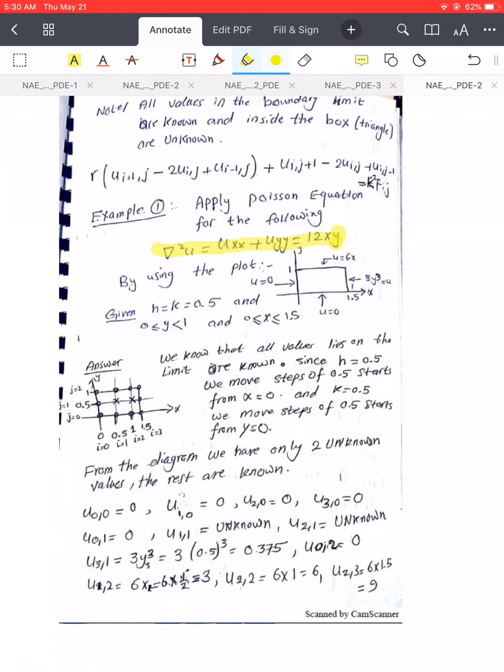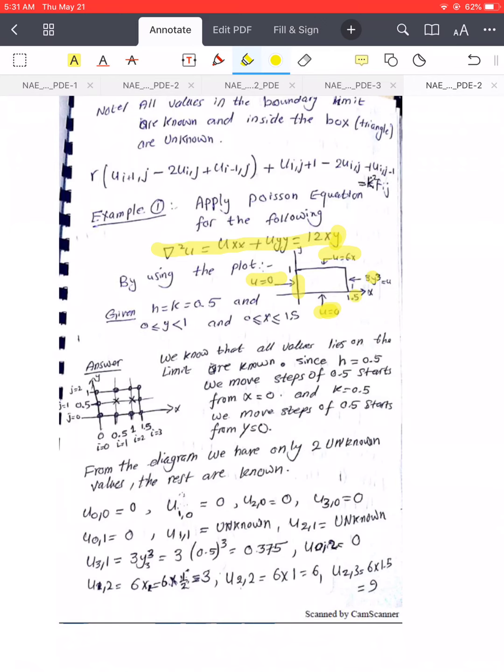He did not write it here, but he means u equals 0 when y equals 0, and u equals 6x when y equals 1. And on the left hand side, u equals 0 when x equals 0, and u equals 3y cubed when x equals 1.5.